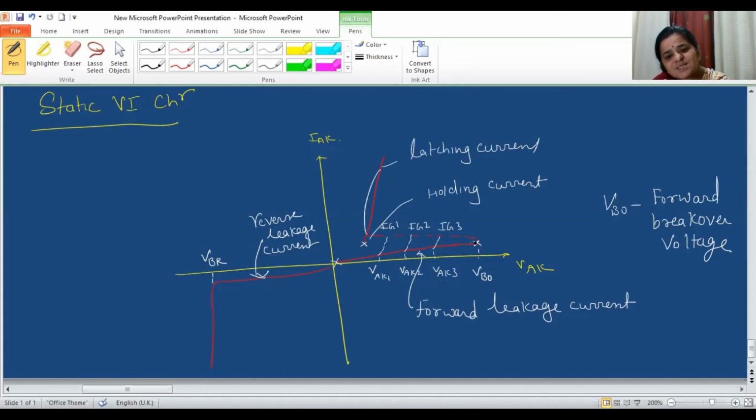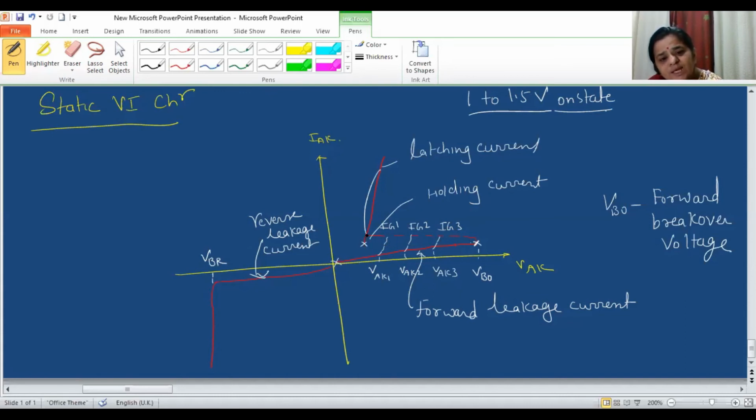But once the device is on, the voltage across the anode cathode terminal will be very small, because under that condition it will be the on-state voltage drop, which for an SCR is in the range of 1 to 1.5 volt. So the voltage will suddenly come back because the on-state voltage drop is small.